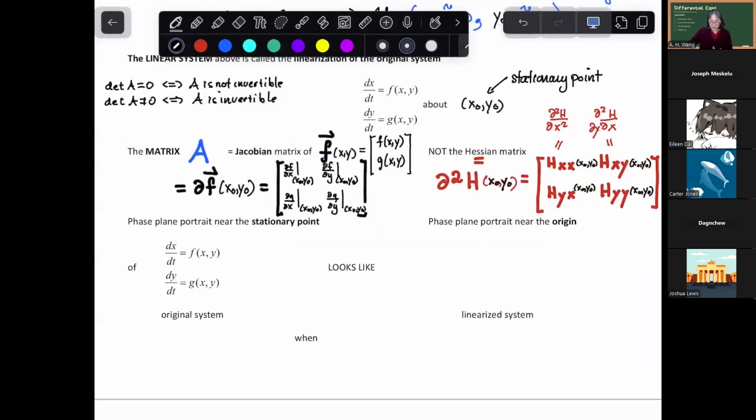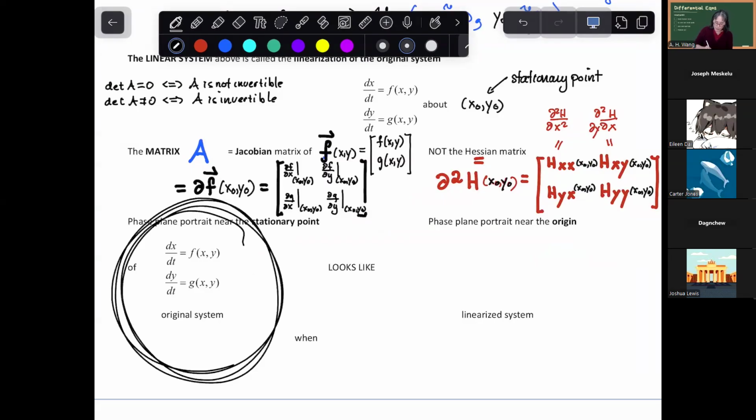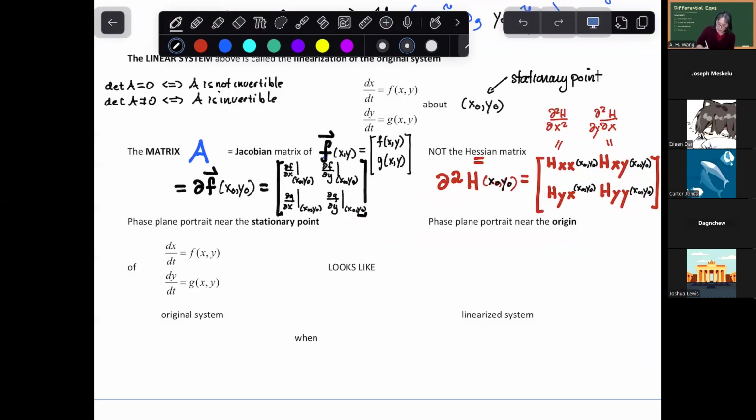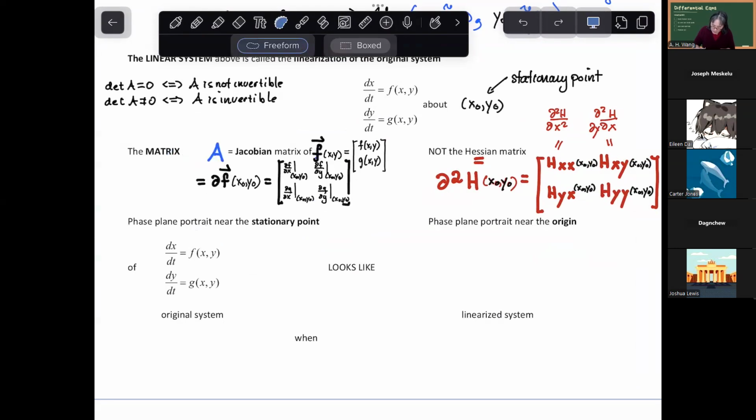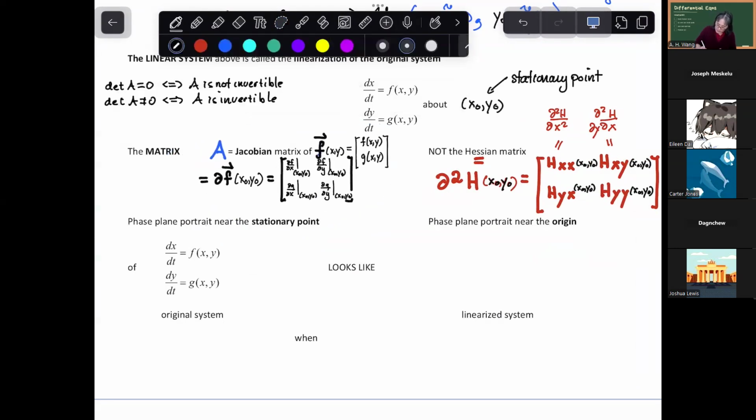So now we're looking at the phase plane portrait of our actual original system. This is the original system. It's going to be near a stationary point, and the stationary point is x naught, y naught. Let me make this smaller.